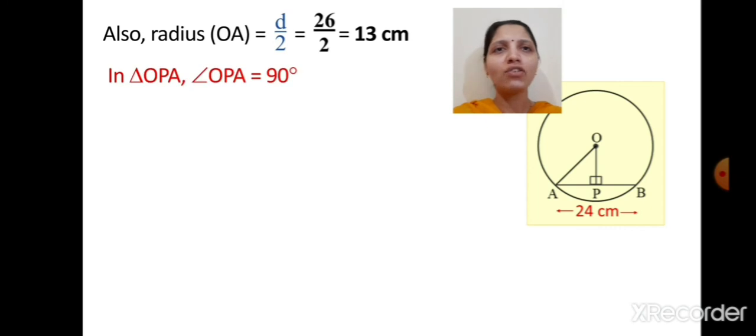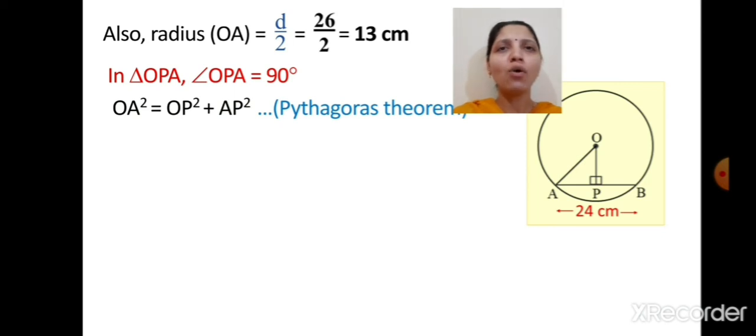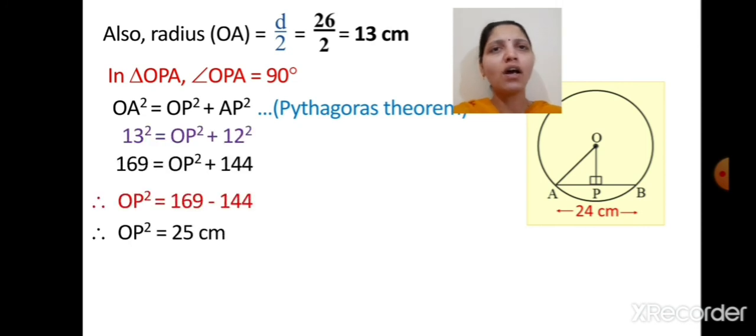Yes. So in triangle OPA, angle OPA is equal to 90 degree. So by Pythagoras theorem, OA square is equal to OP square plus AP square. Now substitute the values. OA square is 13 square, is equal to OP square we have to find out, plus AP square is 12 square. So 169 is equal to OP square plus 144.